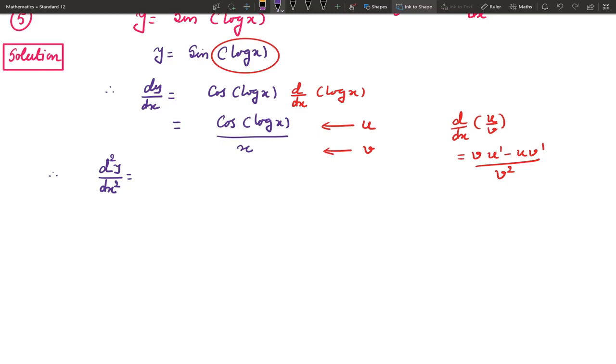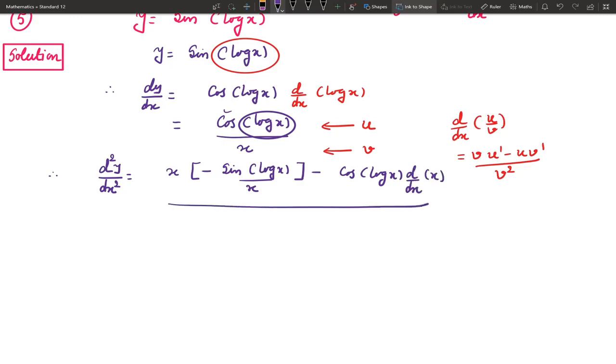So v into derivative of u, derivative of cos minus sine log x into, by chain rule, d by dx of log x, that is 1 upon x, minus u cos of log x into derivative of v, d by dx of x, upon v square. So this is x square.